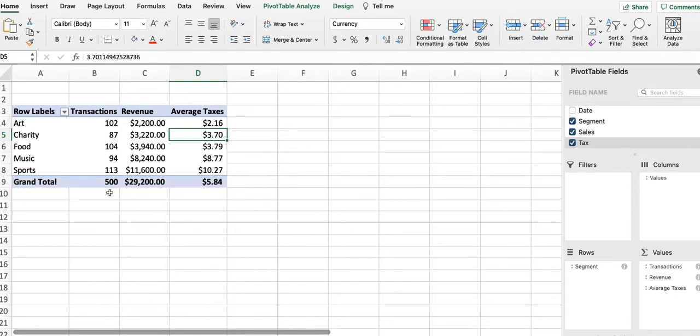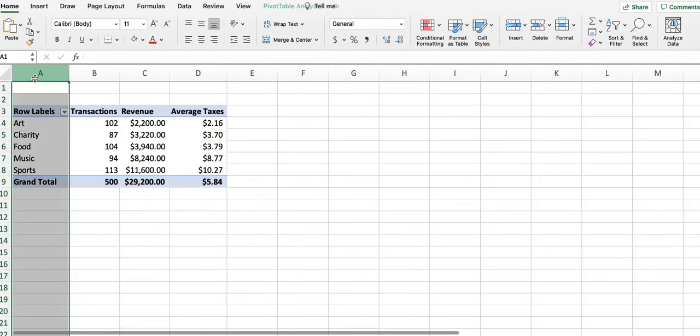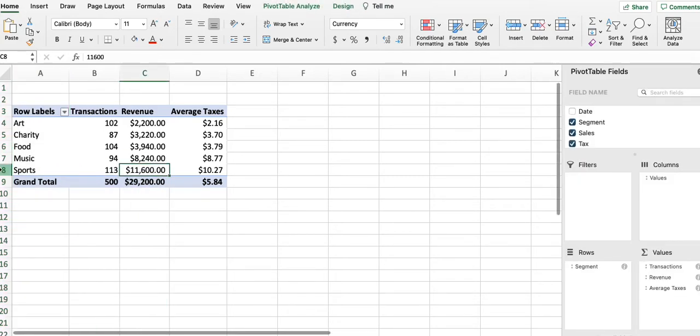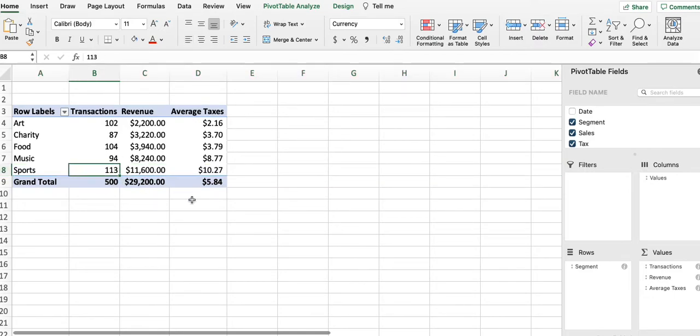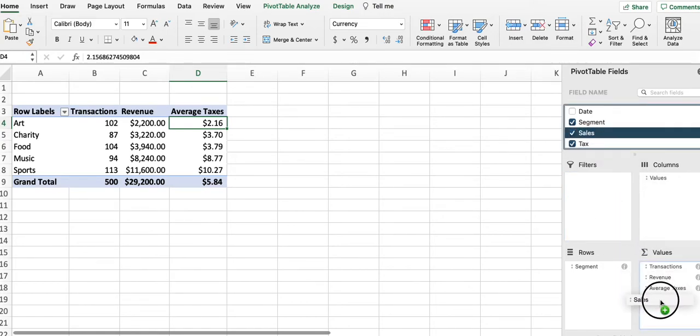Maybe I also want to see which segment is most profitable per transaction. So right now we can see that the sports is the most profitable overall, but I also had 113 transactions. Maybe there is another segment that's more profitable. So let's go ahead and add. I'm going to go back to my sales. I'm going to drag it down.